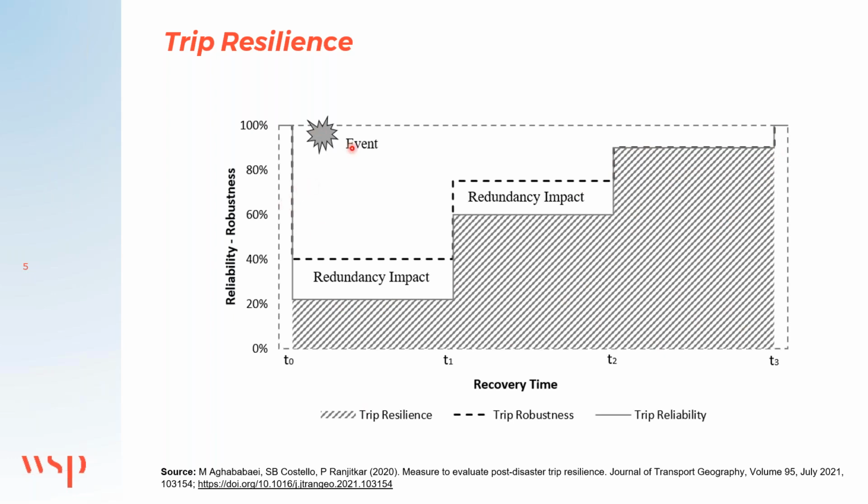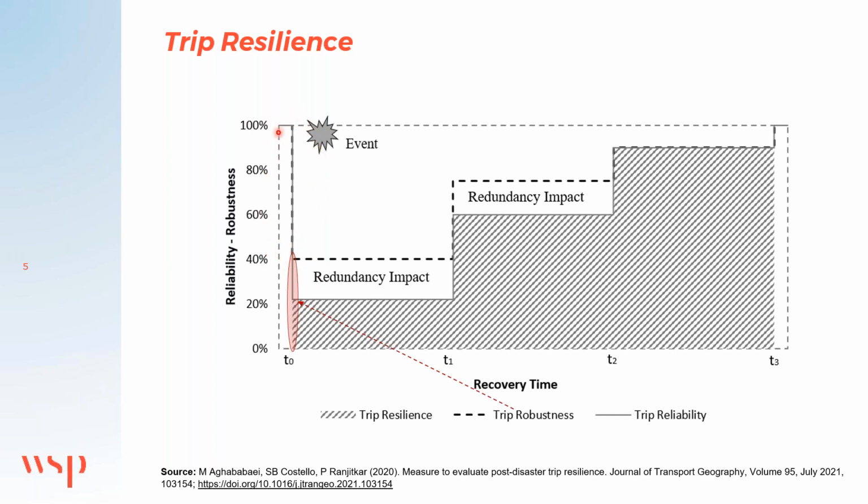If any disaster happens, the first thing is whether travelers can start their trips or not. So assuming that the travelers cannot start their trips, let's say 60%, we will have the first drop in the performance of the network because of eliminated trips.